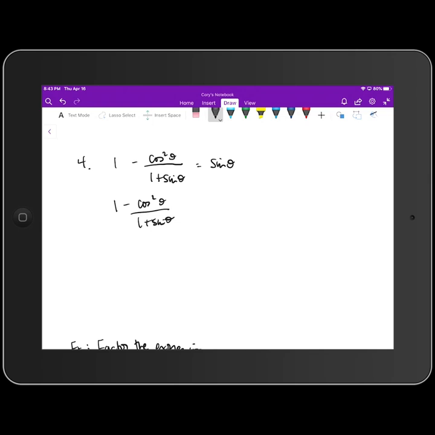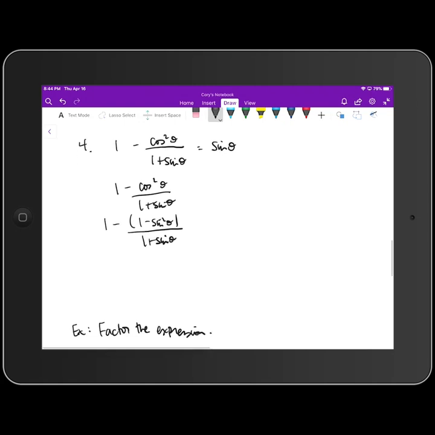Okay, so for me, the first thing that popped in my head to simplify this was when I look at the numerator of the fraction, I can rewrite the numerator of the fraction using the Pythagorean identity. So cosine squared is going to be 1 minus the sine squared of theta.